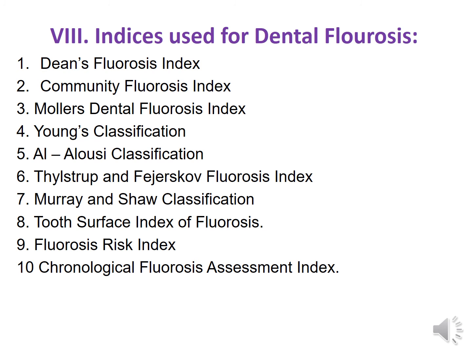First one, we have Dean fluorosis index, 2 community fluorosis index, 3 molars dental fluorosis index, 4th Young's classification, 5 Al-Alousi classification, 6 Thylstrup and Fejerskov fluorosis index, 7 Murray and Shaw classification, 8 tooth surface index of fluorosis, and 9 fluorosis risk index, and 10 chronological fluorosis assessment index.